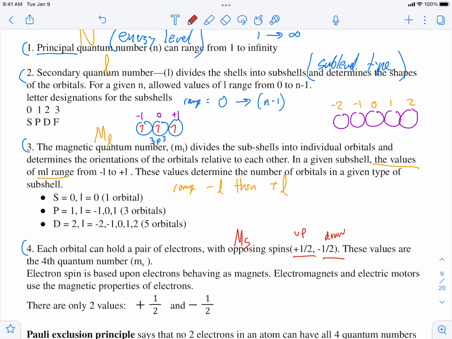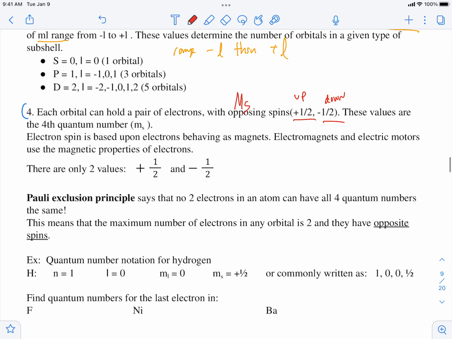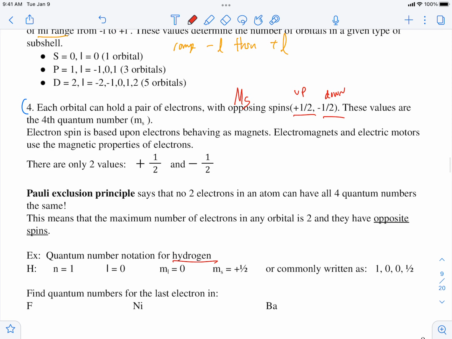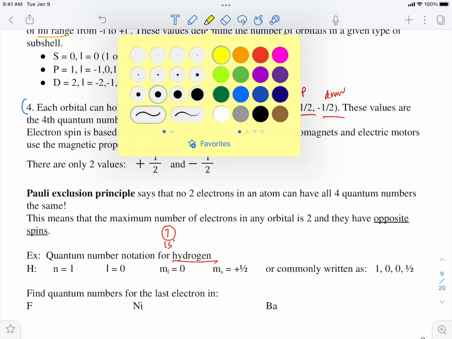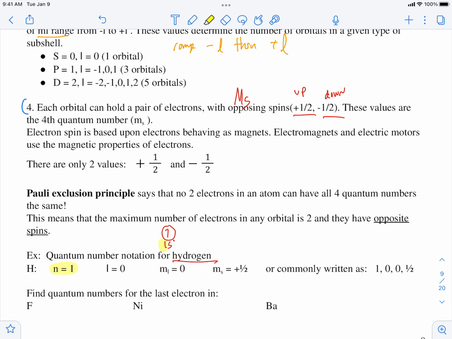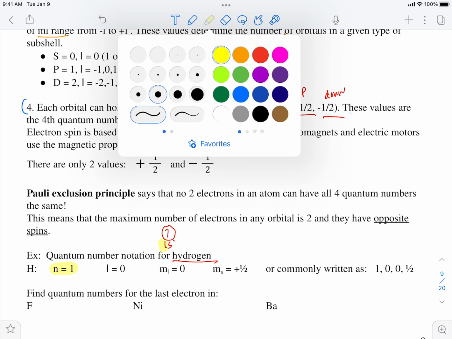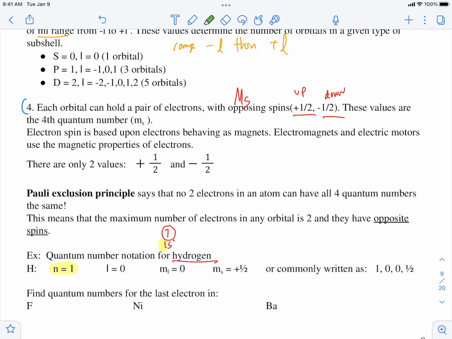This makes more sense if we just start pulling examples. Okay, so hydrogen looks like this, 1s1. The principal quantum number, n, is right here. It's energy level 1. The secondary quantum number is the fact that this is an S, and remember that S is coded to be 0.